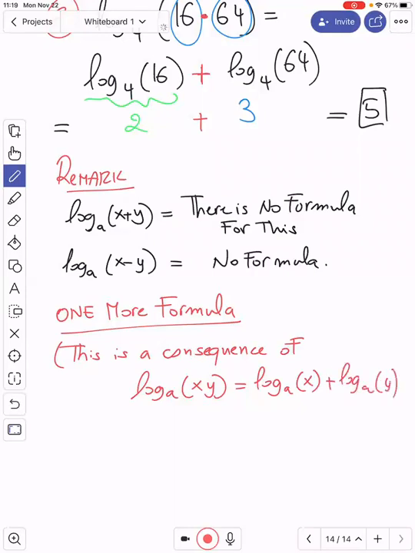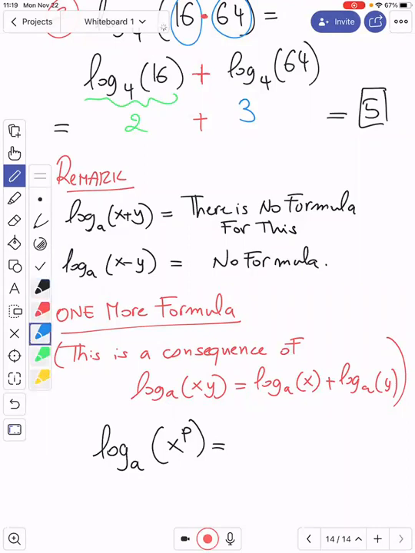So what's this formula? Well, if you have log in base a of x to some power, let's say to the power p, then this is actually equal to, so you can put the power in front of the log.